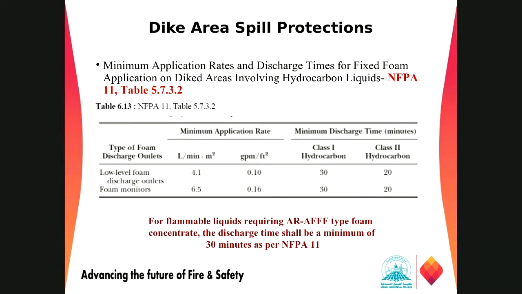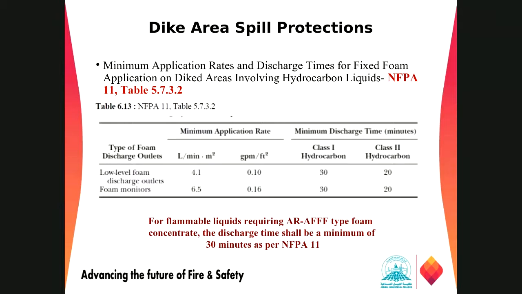So the minimum application rate for dike area protection as per NFPA 11 Table 5.7.3.2 is 0.10 GPM per square foot, and 0.16 for the foam monitor. So the density for the monitor is higher than the density of the low level foam discharge outlets, right?